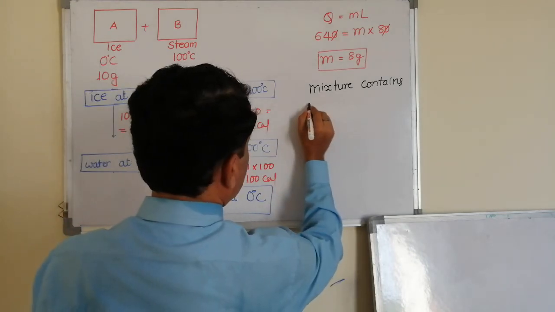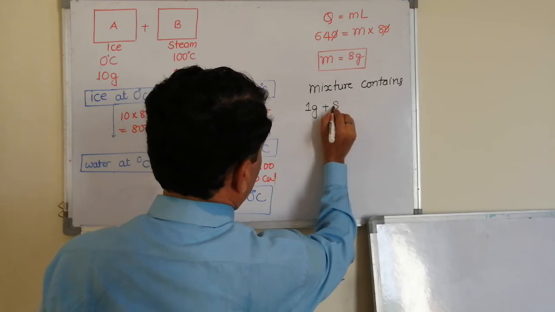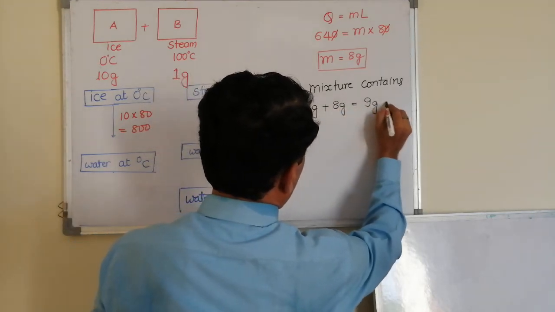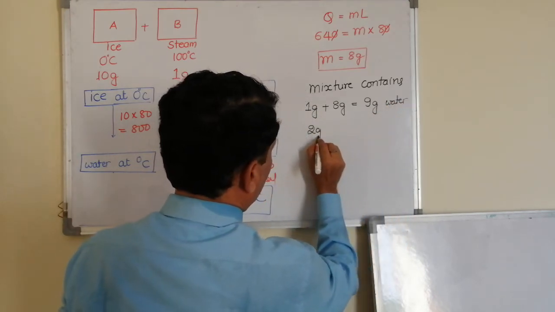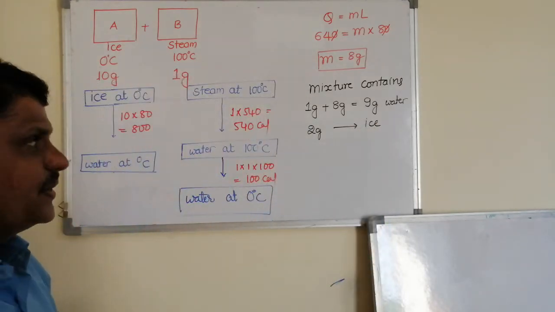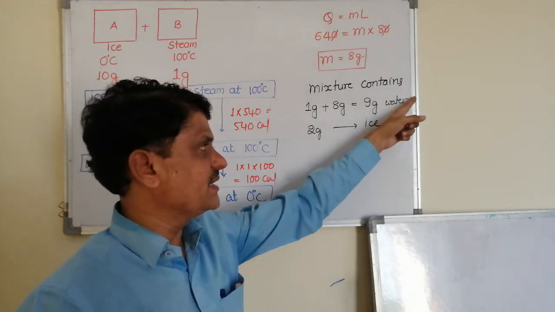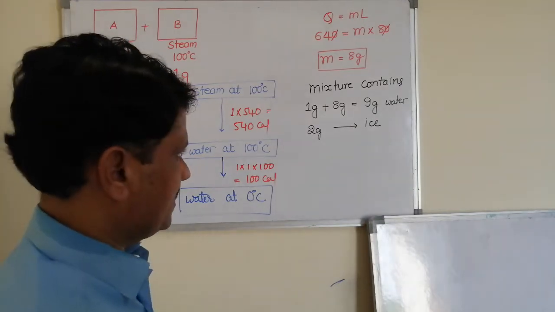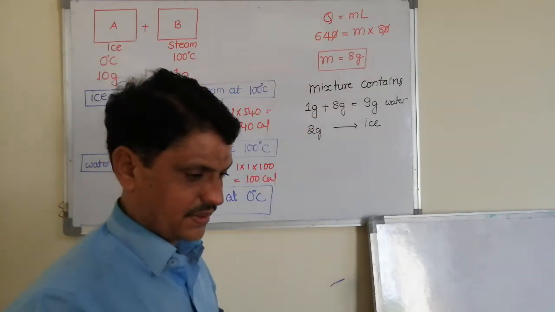So the mixture contains 1 gram which is steam converted into water, 8 gram which is melted, total 9 gram of water, and the remaining 2 gram of ice. The mixture contains 9 gram of water at 0 degree Celsius and 2 gram of ice at 0 degree Celsius. Okay, so this is our one question.